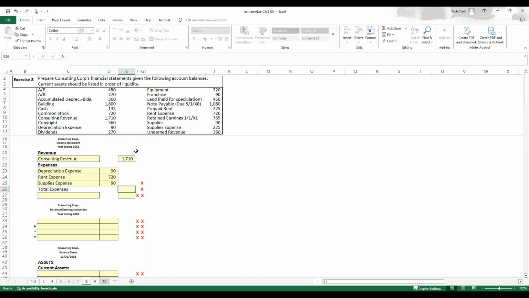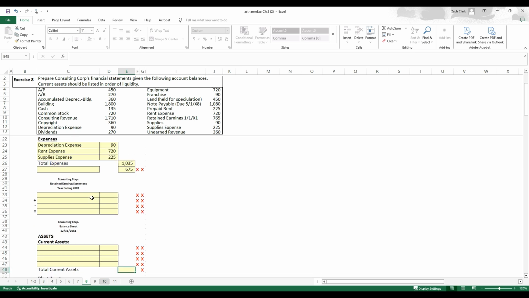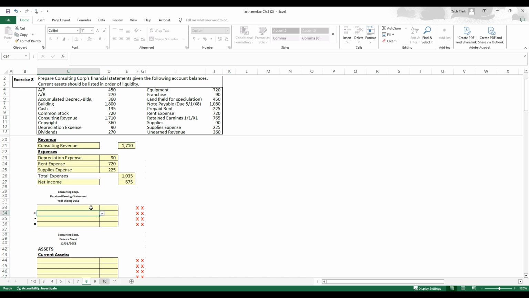No, that's not, sorry. That was supplies, not supplies expense. There we go. And then let's do a formula to just add all of these to get total expenses. And then take our revenues minus expenses to get our net income. Okay, we're good there. Now we want to work on our retained earnings statement.